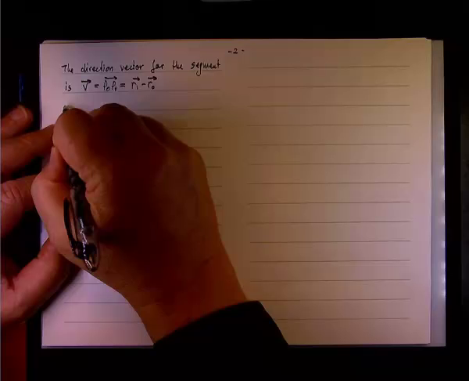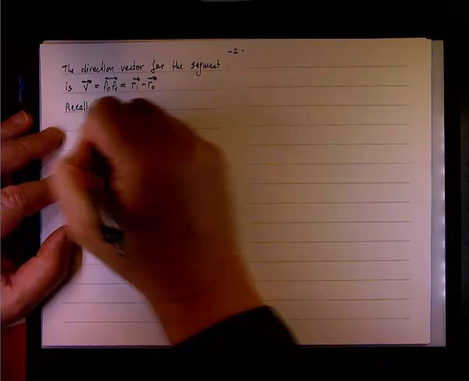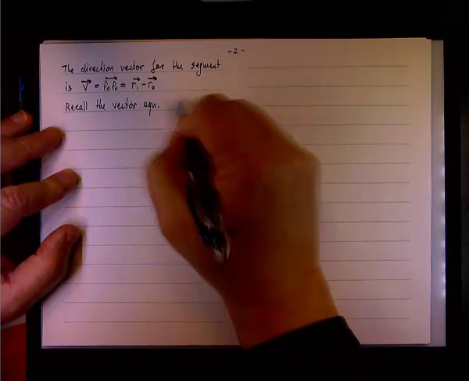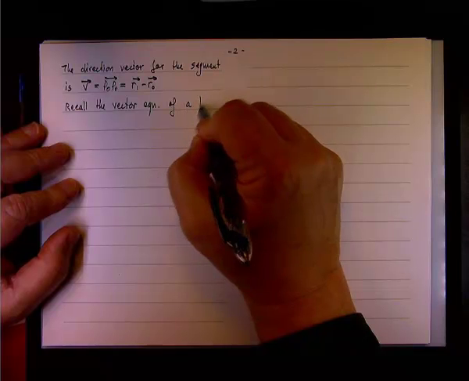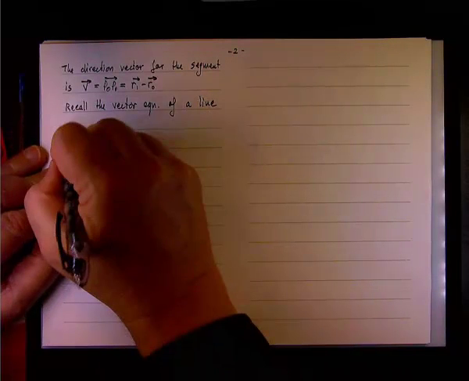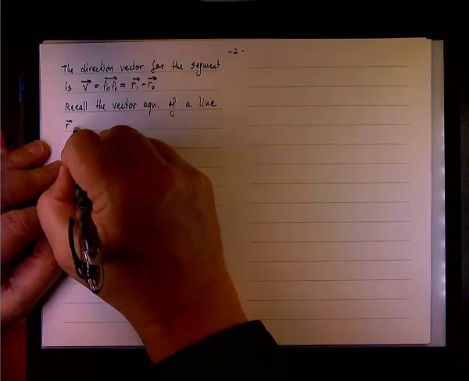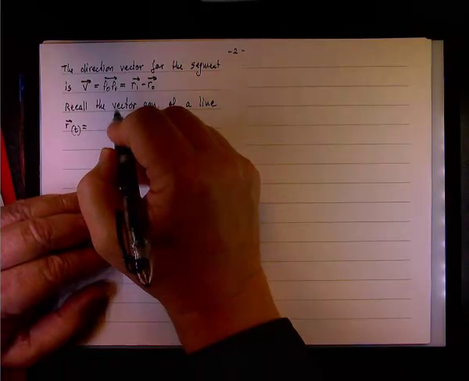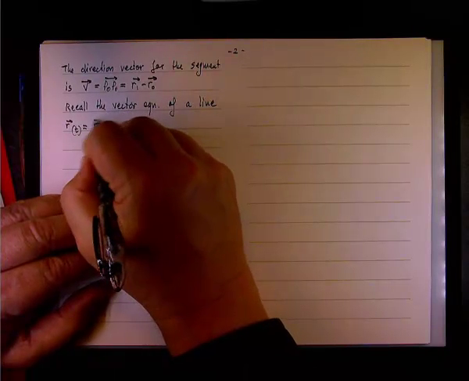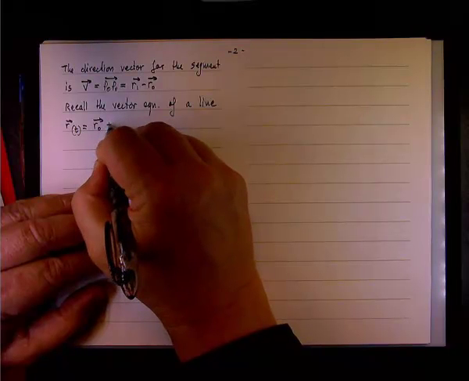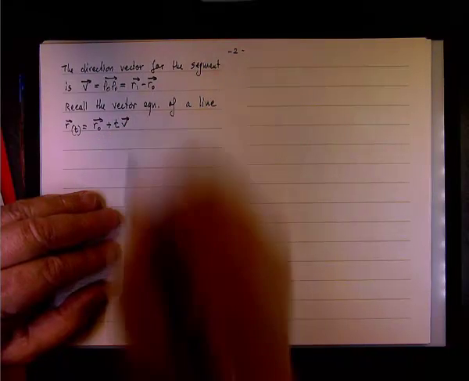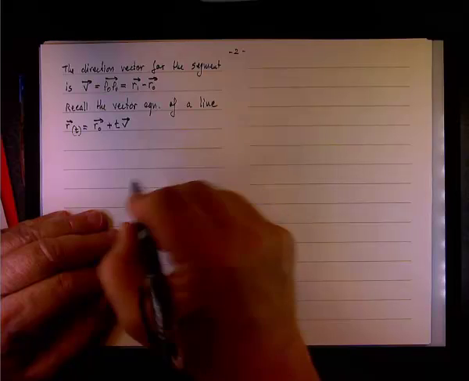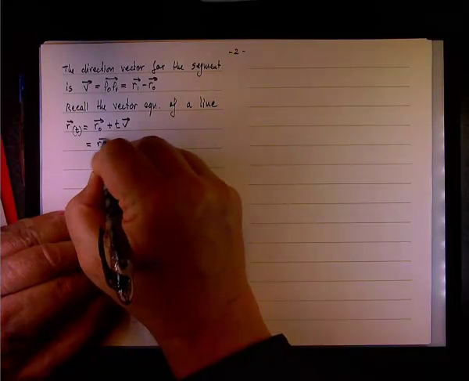Well, recall that the vector equation of a line is the following. The first expression we obtained is r, and this will really be r as a function of t, which is the position vector r sub 0 plus a scale of the direction vector v, like so.